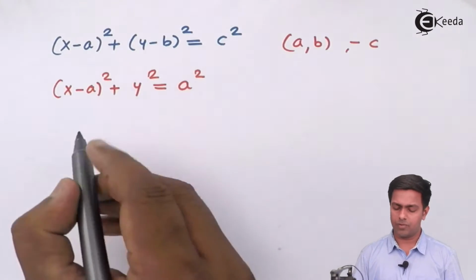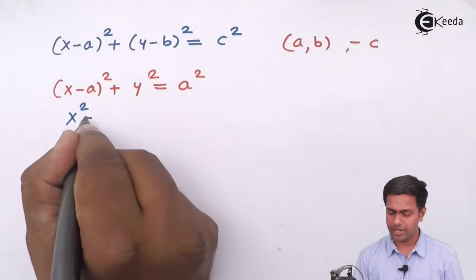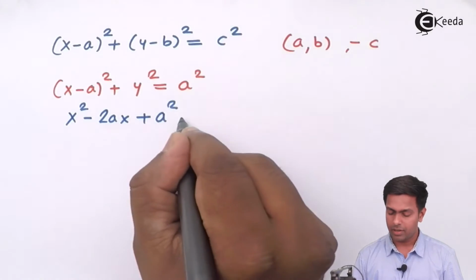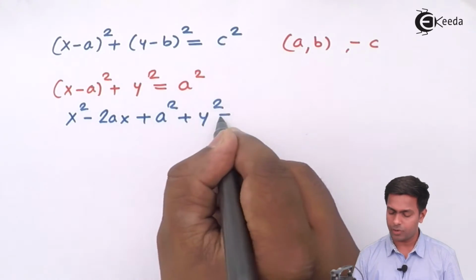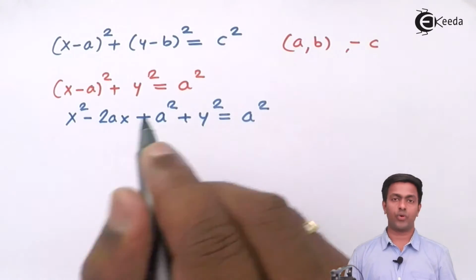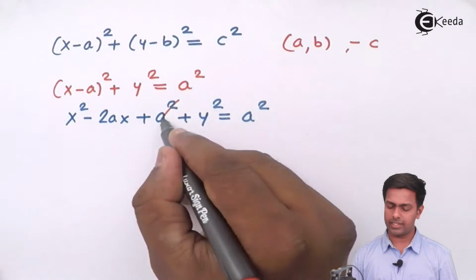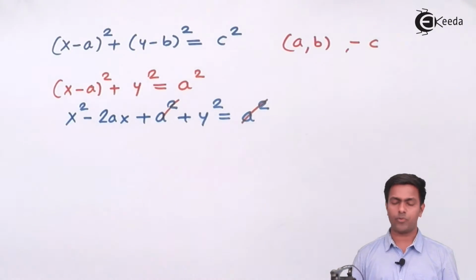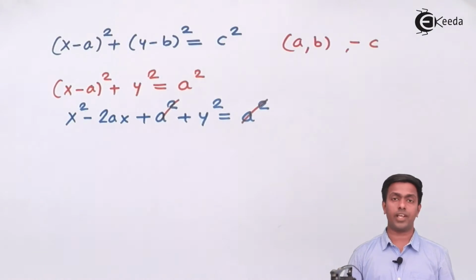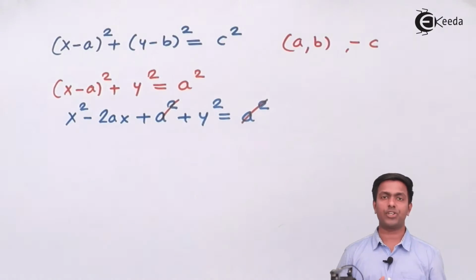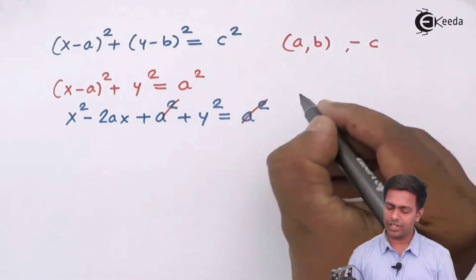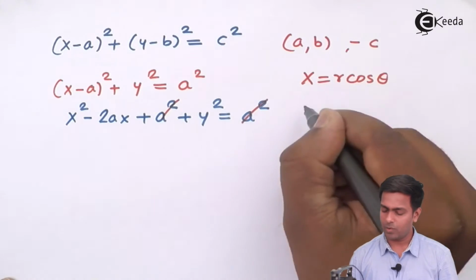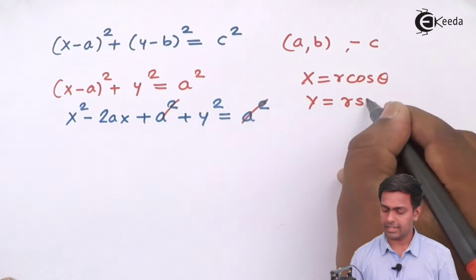So here this will become x square minus 2ax plus a square plus y square equal to a square. We can cancel this a square from both sides. Then we have x square plus y square. As I told you, when we convert a Cartesian curve into a polar curve, we generally substitute x as r cos theta and y as r sin theta.